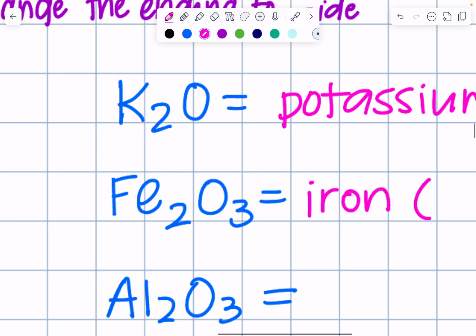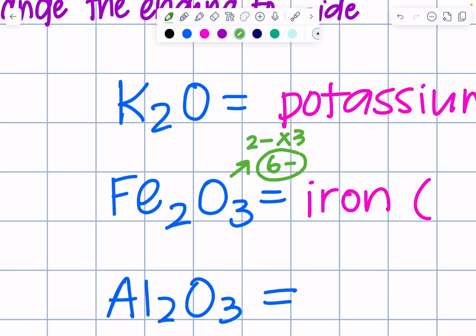And now I've got to figure out the charge on that iron. We know oxygen has a charge of 2-, but there are 3 oxygens. So that's 6-. We have to exactly cancel that out because, again, as I pointed out previously, no charges on any of these. So they're neutral compounds, right?